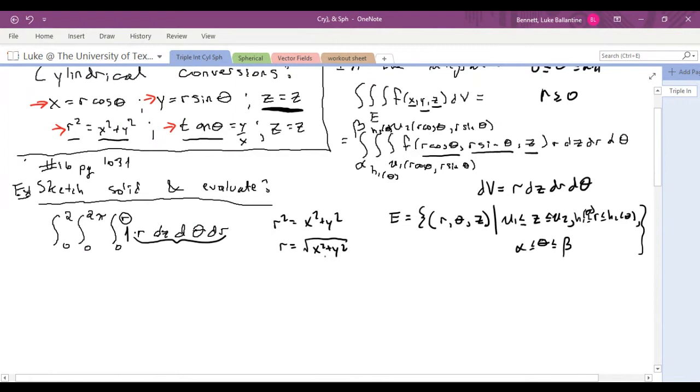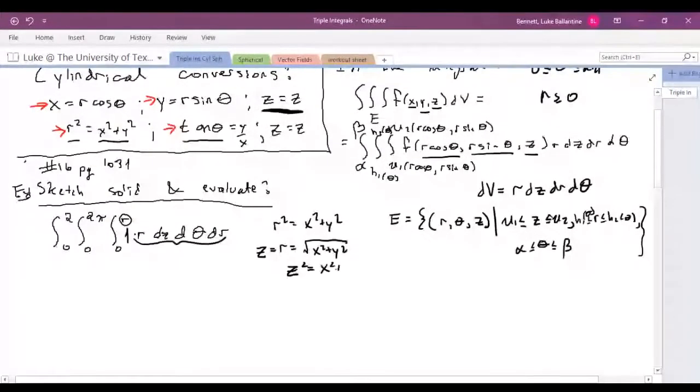But this is z equals r. So we're integrating from z equals 0 to z equals the square root of x squared plus y squared. That is to say, z squared is equal to x squared plus y squared.